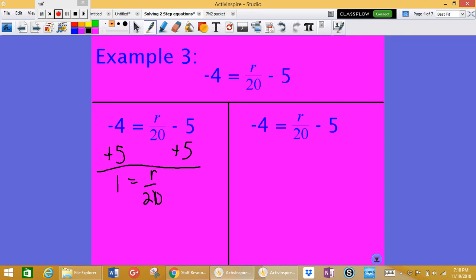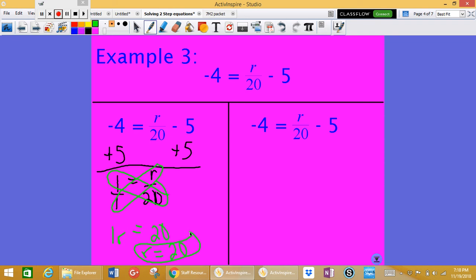What I like to do is turn that into a fraction and cross multiply, my next step. So this times this, r times 1. So 1 times r equals 1 times 20. So r equals 20 is my answer.